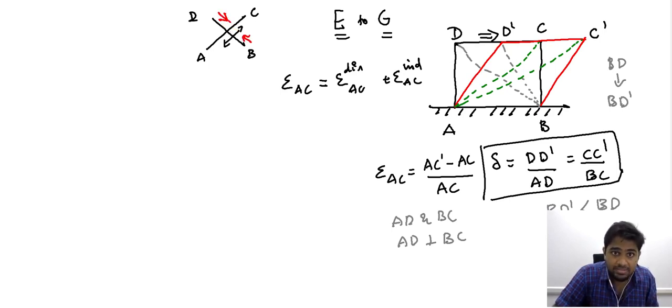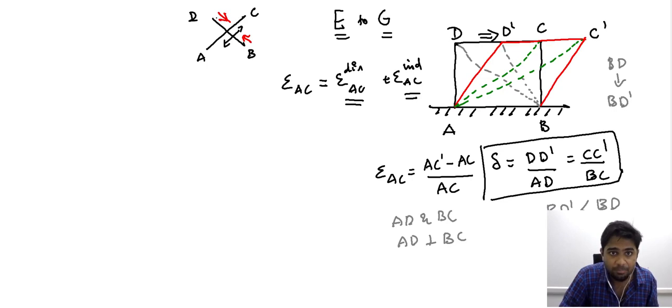This compressive load acting along BD will also contribute to the expansion of AC. So, the strain along AC, therefore, is the combination of the direct load that is acting along AC and the indirect response along AC because of the compressive load along BD.